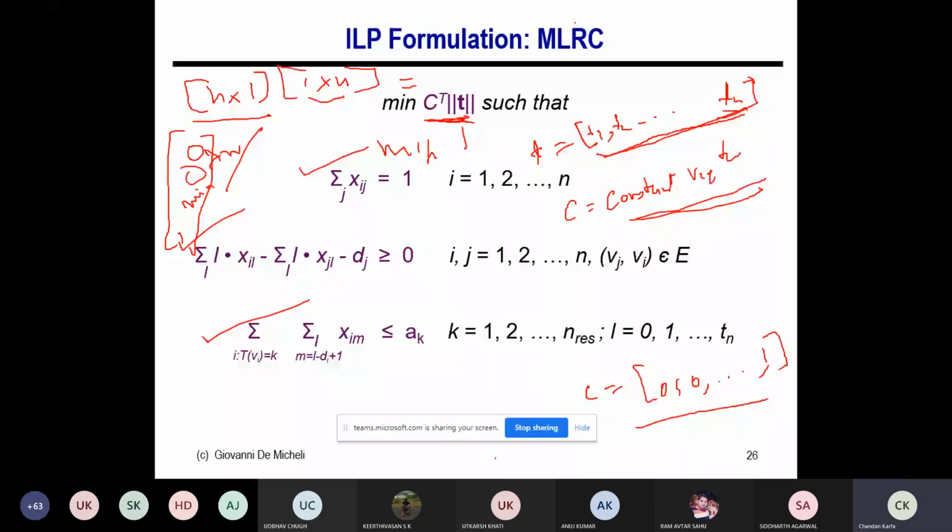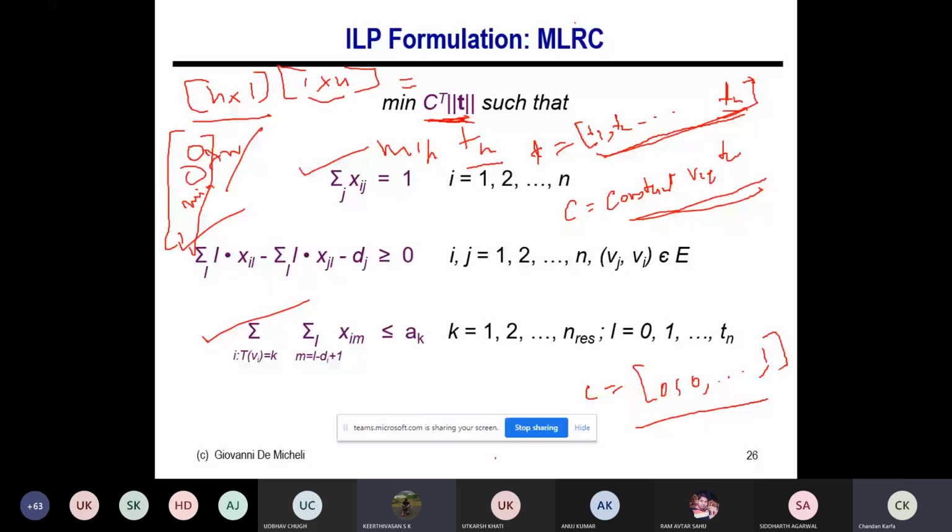So you try to find the values of xij such that they satisfy all these constraints, and you get this Tn value as minimum. Understood?